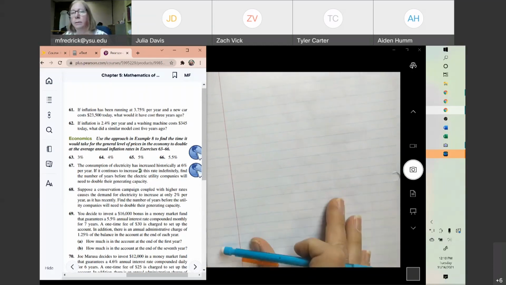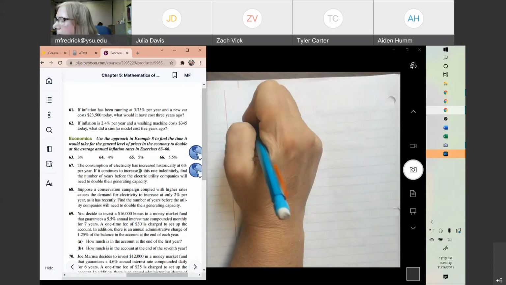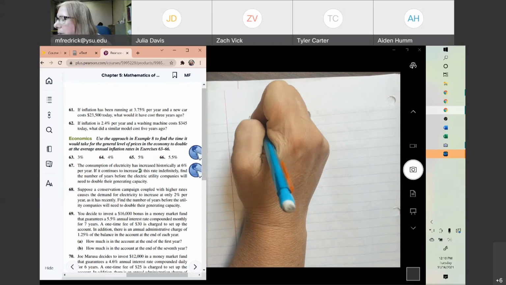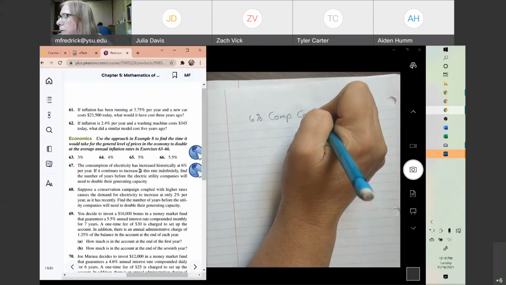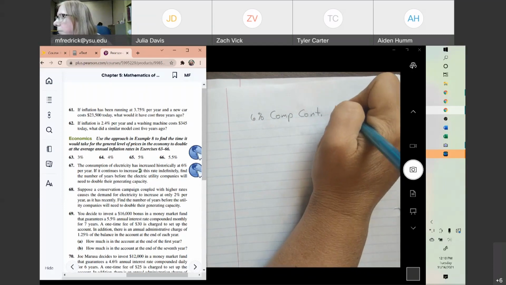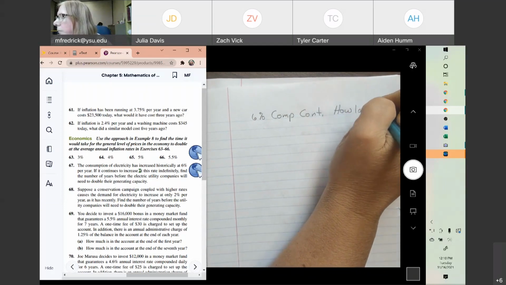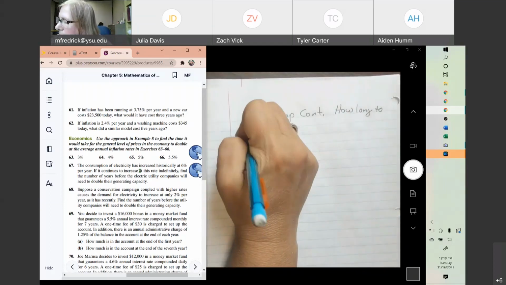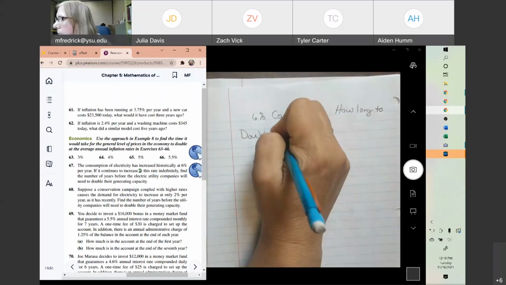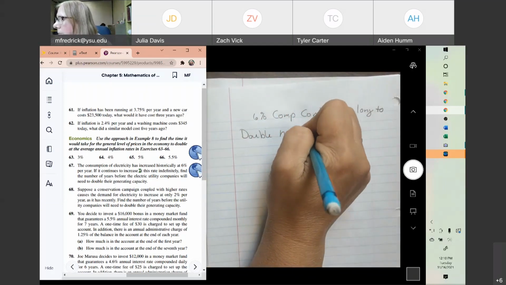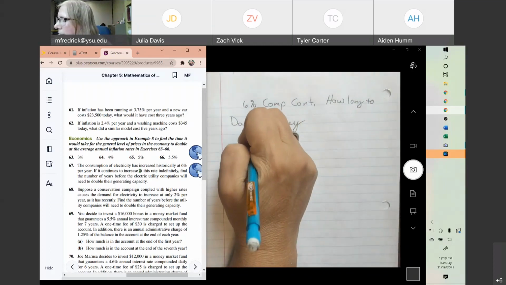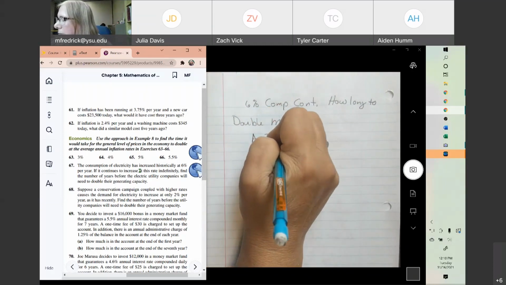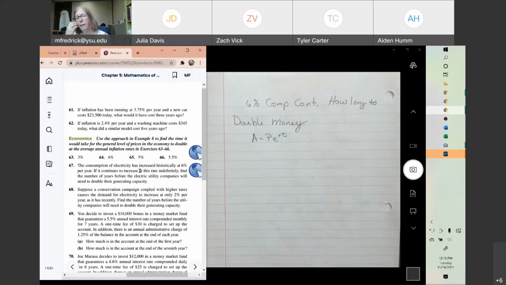Do 6% compounded continuously. Compounded continuously is A equals P e to the RT.